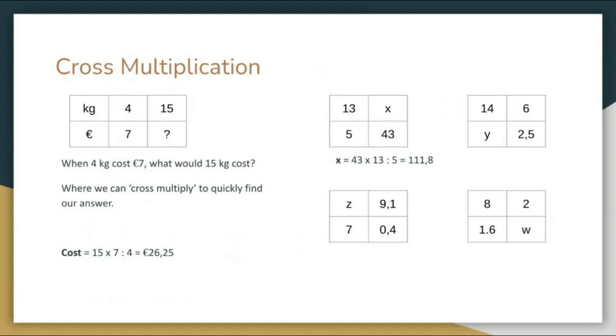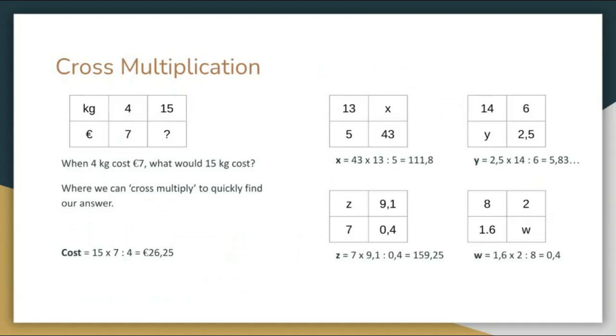To find y, cross multiply the 14 and 2.5 and divide that by 6 to receive 5.83. Z can be found by multiplying 7 and 9.1 and then dividing it by 0.4 to find 159.25. And w can be found by 1.6 times 2 divided by 8, and this gives us 0.4.